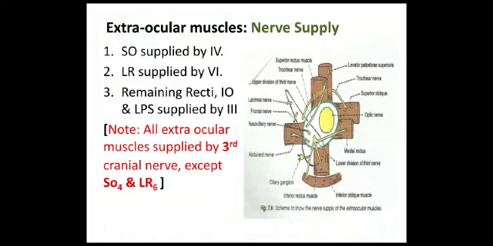All are supplied by the third nerve or the oculomotor nerve. So, in short, to remember, we have this mnemonic: all the extraocular muscles are supplied by the third nerve, that is oculomotor nerve, except SO4, that is superior oblique, by the trochlear nerve, and LR6, that is the lateral rectus, by the abducent nerve.